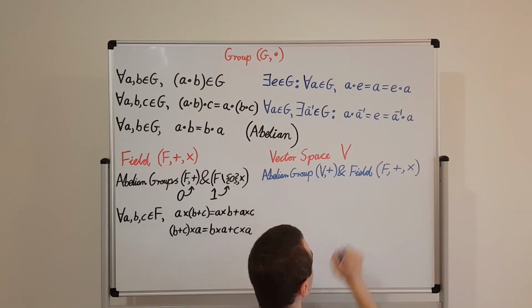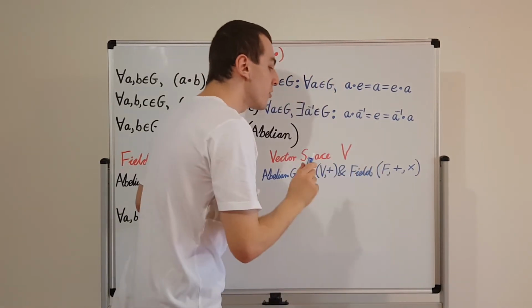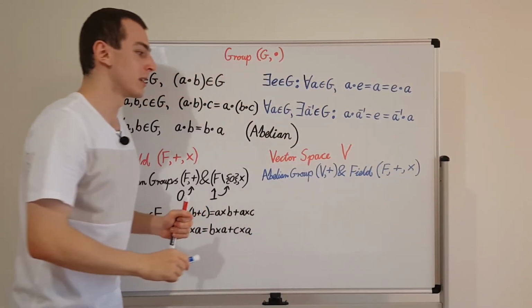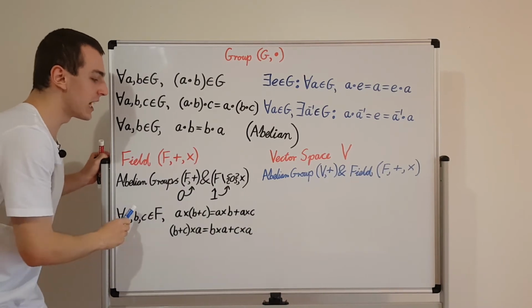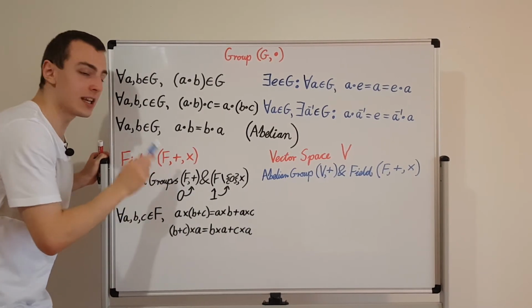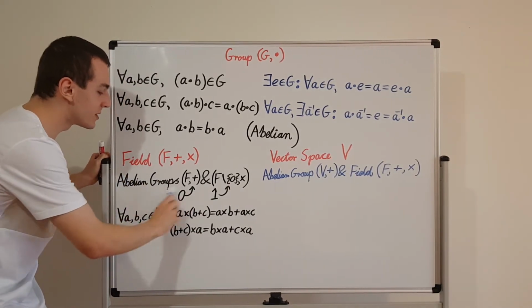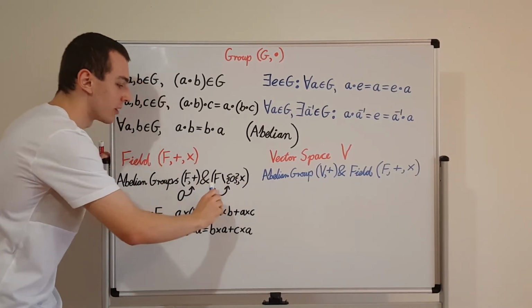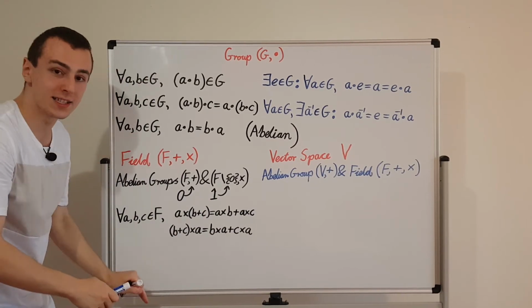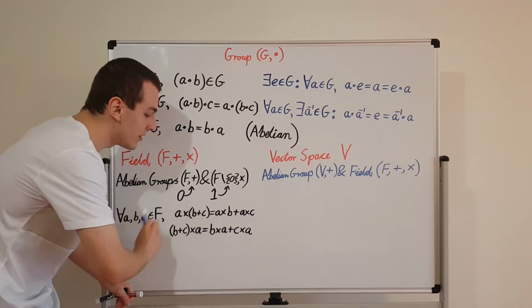Now, before I continue on with this vector space, I want to tell you that there are alternative ways of defining a field. So over here, I've chosen to define a field in terms of two abelian groups. But what I also could have done is I could have written all the axioms for this group and all the axioms for this group. And then we would just have a long list of axioms, including this distributivity property.